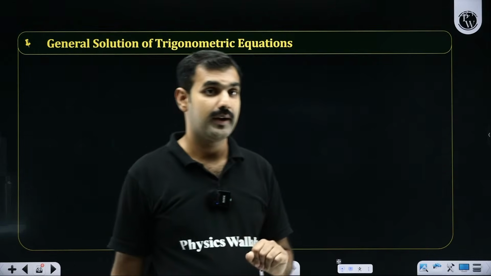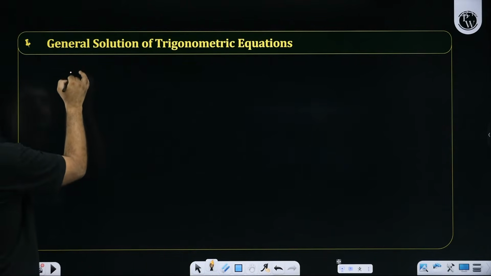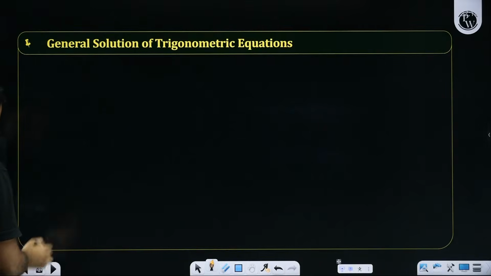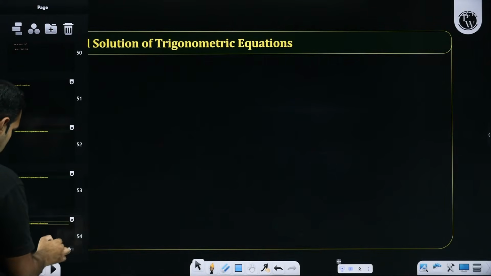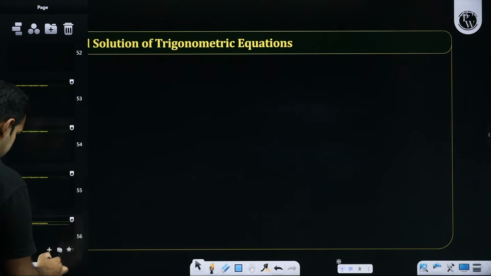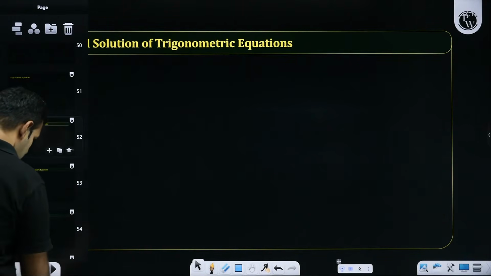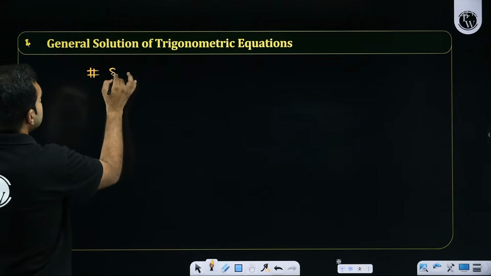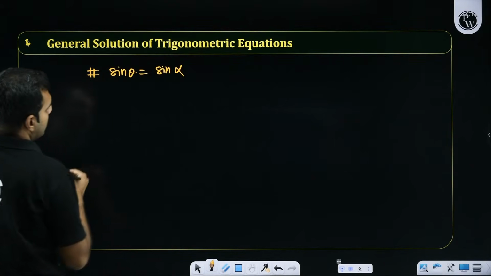We'll come to this part now, where we'll discuss a lot of general solutions. What if I'm given general solutions for a lot of things? So 1, 2, 3, 4, 5, 6, 7, 8. I'll begin with this one, where I'll say, what if sine theta is sine alpha?